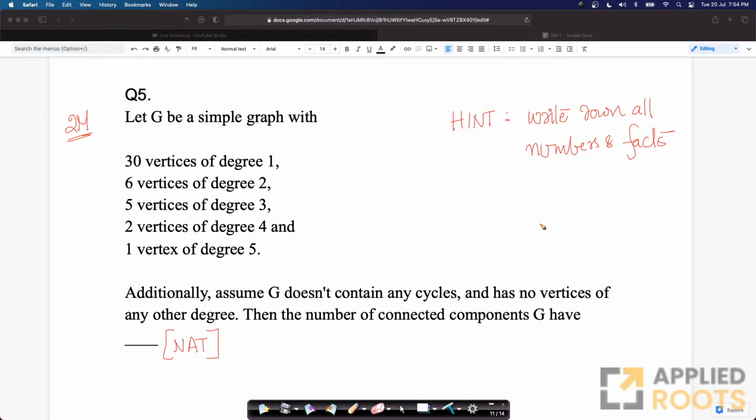That's the reason why this question is asked. So the hint that I would give you is write down all the numbers, all the information and all the facts given to you, and then using all of them, try to compute the number of connected components. This is not a straightforward plug the numbers into a formula. This is a good 2 marks medium level question by GATE standard. Think about how you will do it, there's so much information here. Try to digest all of it, write it down, and think through it.